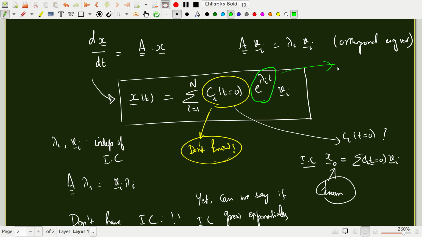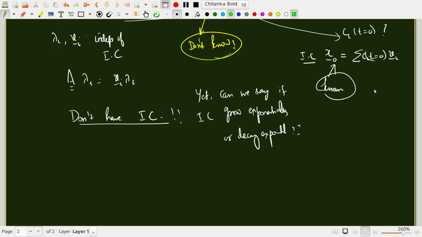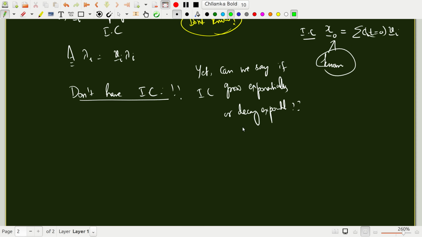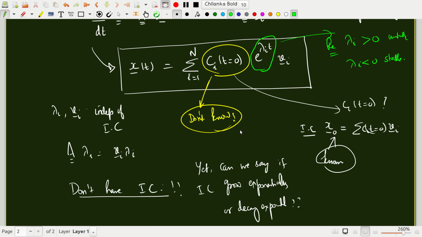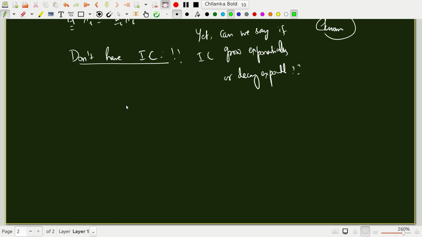Okay, now if lambda i are real, then lambda i greater than 0 should be unstable, and lambda i less than 0 will be stable. Okay, so even though we don't know the precise nature of the initial condition, you can still look at the exponentials and the eigenvalues which occur in the argument of the exponentials to conclude whether the flow is going to blow up exponentially in time or decay exponentially in time.